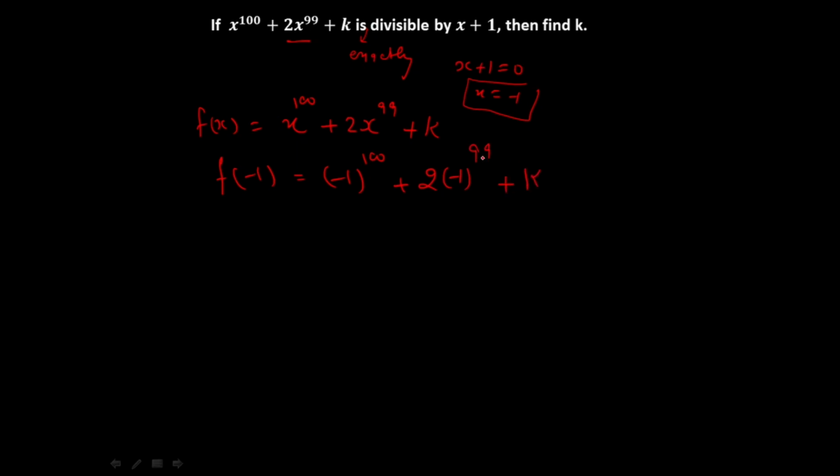This is the remainder, but as per the question, the remainder is 0, because this whole polynomial is exactly divisible by x plus 1. Minus 1 to the power even is 1, plus this is negative 1. So 1 minus 2 plus k equal to 0, minus 1 plus k equal to 0, which means k is 1.